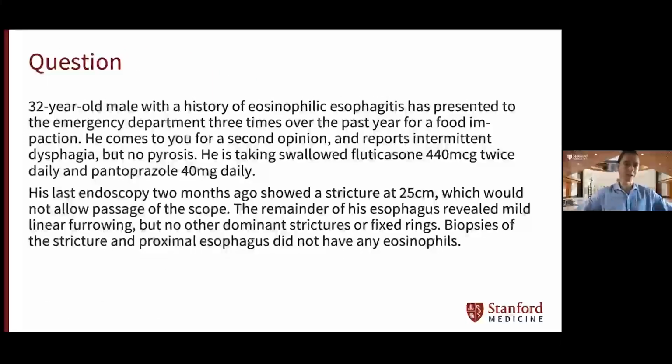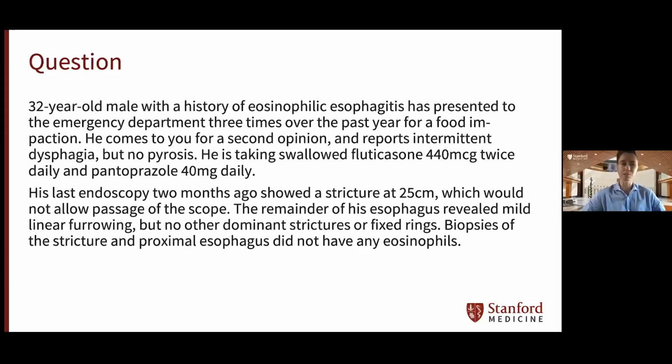Okay, moving on. Next question is, a 32-year-old male with a history of eosinophilic esophagitis has presented to the emergency department 3 times over the past year for a food impaction. He comes to you for a second opinion and reports intermittent dysphagia but no pyrosis. He is taking swallowed fluticasone 440 micrograms twice daily and pantoprazole 40 milligrams daily.